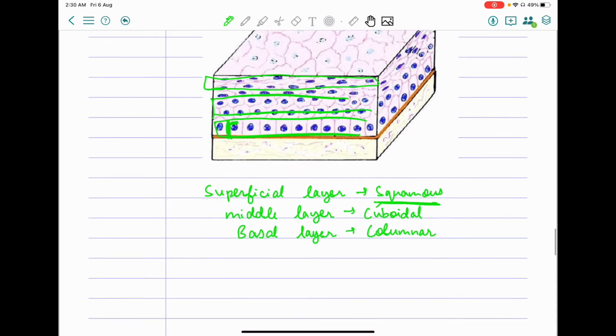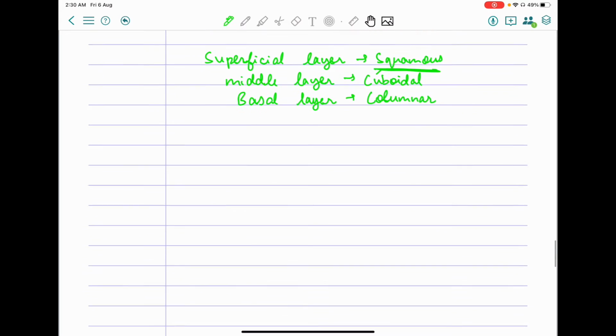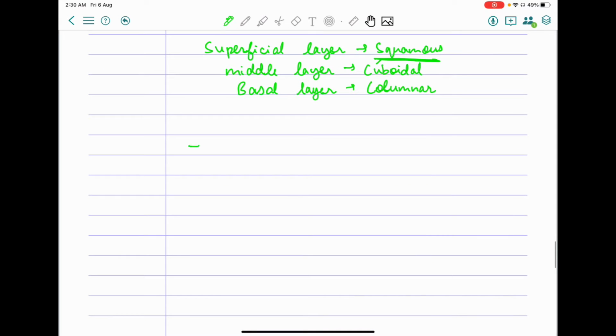I told you, all the external openings. So what are the openings in the body? First there is the oral cavity, second the nasal cavity, third the eyes, and then the ears also.